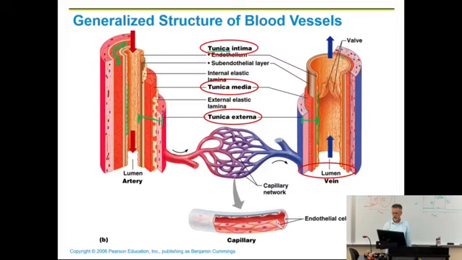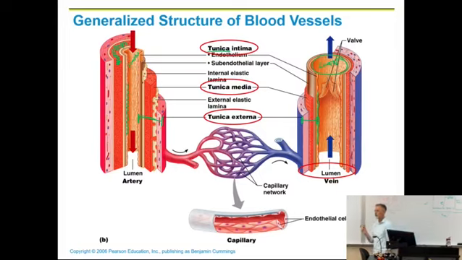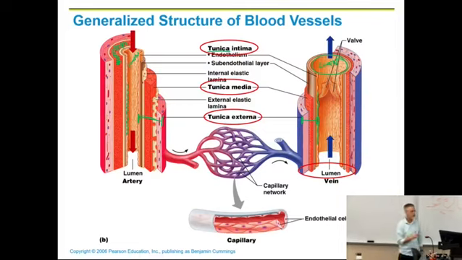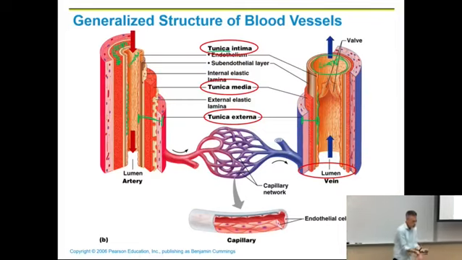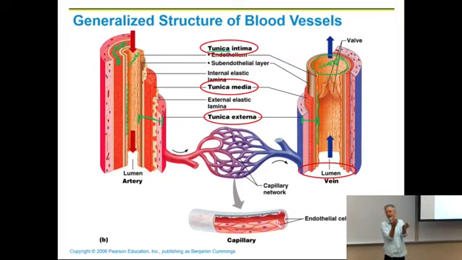Notice that the lumen, the open area, right, this is the lumen, in a vein tends to be much bigger compared to the lumen in an artery, because again, we have that really thick wall taking up a lot of that space. And in the veins, with such low pressure, we're just kind of eking our way back to the heart. We're just doing whatever we can to escort that blood and get it back to the heart.